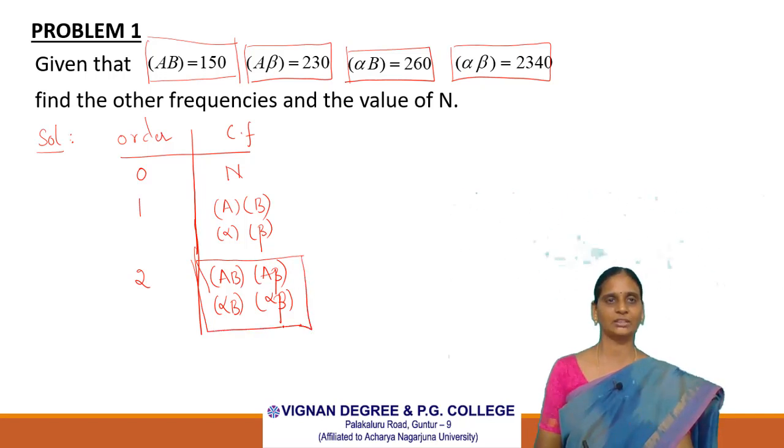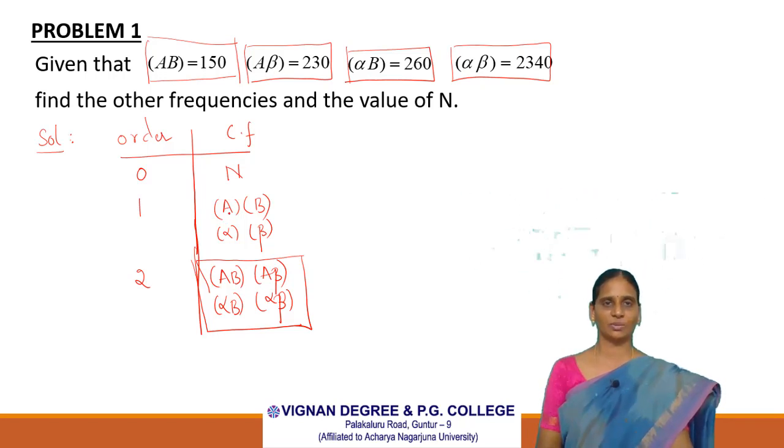Now we have to find the other frequencies. That means frequency of A, frequency of B, frequency of alpha, frequency of beta and the value of n. The corresponding 0th order class frequency is capital N. First we have to find out frequency of A.